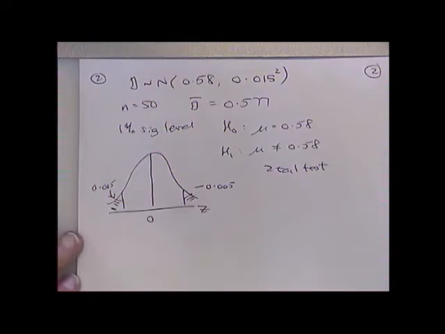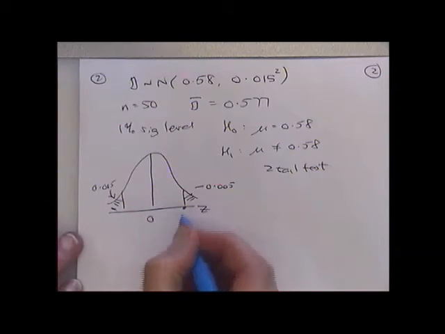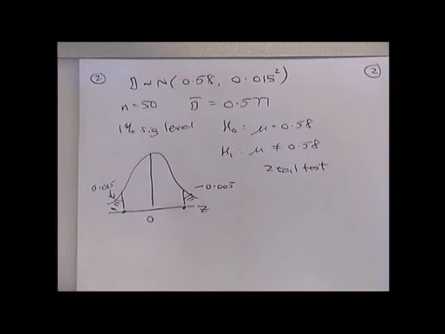If you use the very bottom of the tables where you can do this backwards thing for popular values, what are these two Z values here? 2.576 and minus 2.576 by the symmetry of it all.